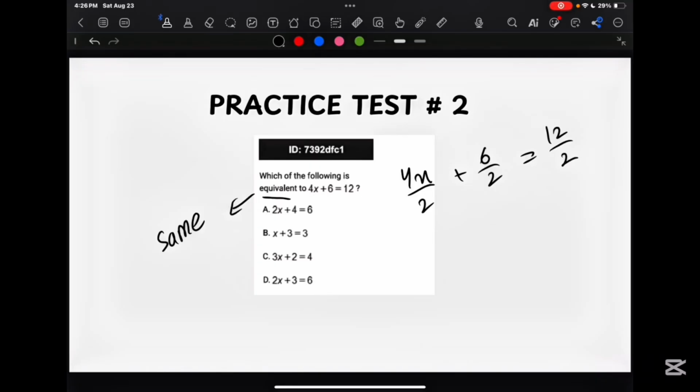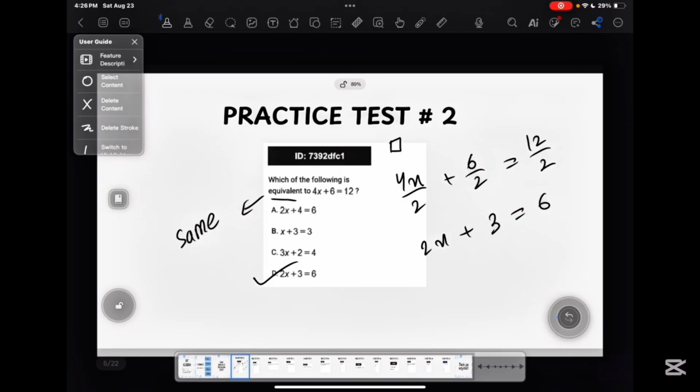So if you plug in x equals 1 in this equation, the value you're gonna get should be the same value if you plug x equals 1 in any of these equations, which is correct. So we're gonna get 2x plus 3 equals 6, and that is our option D. So option D is our answer.